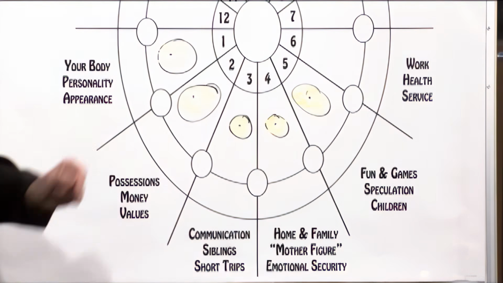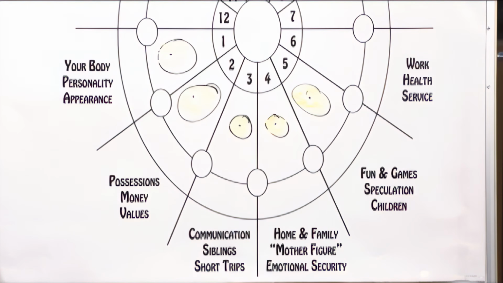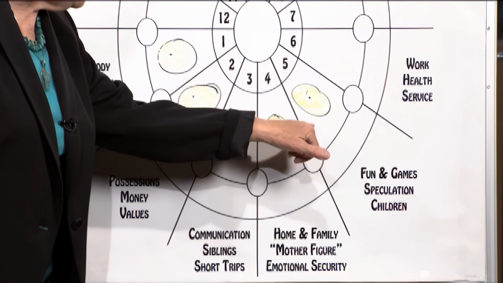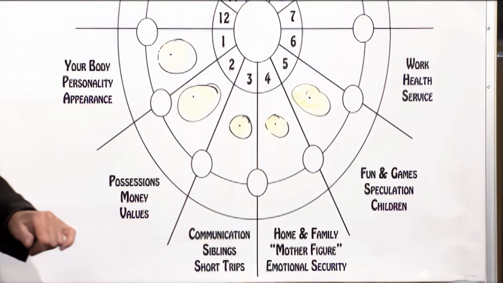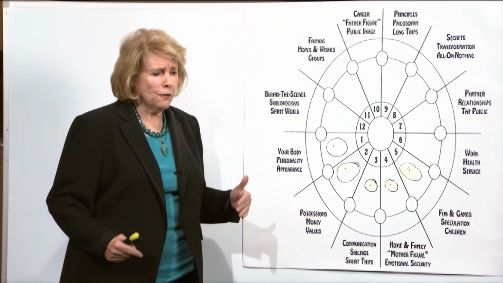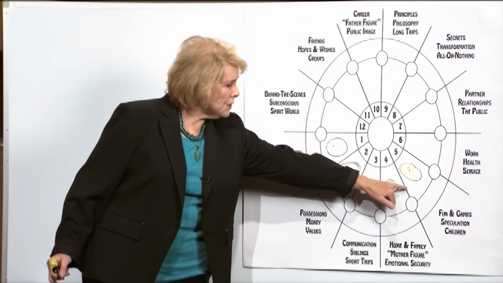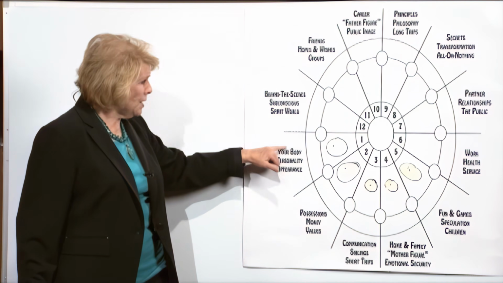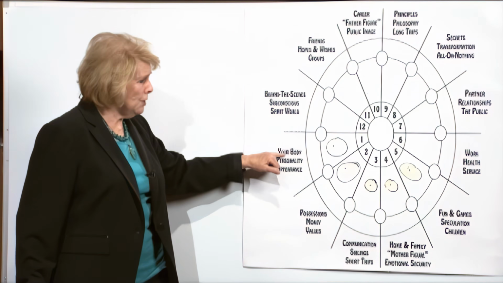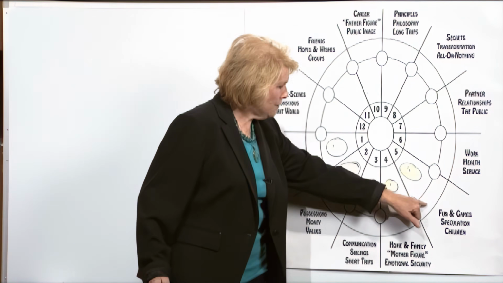Now, this is the house of children. And what's so interesting is that this sun in the 5th house tells us that your child puts himself first. This is the child's 1st house. Remember the 1st house of the zodiac. This is you. This is your child's 1st house.